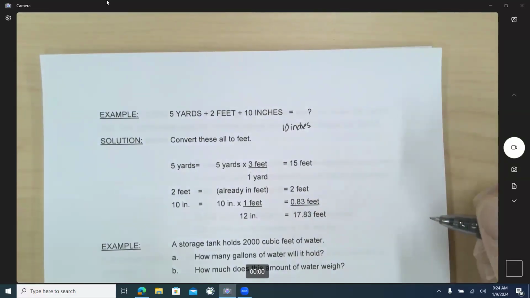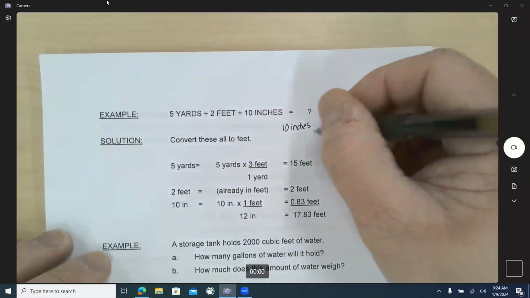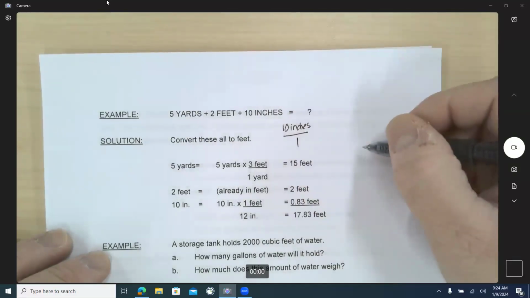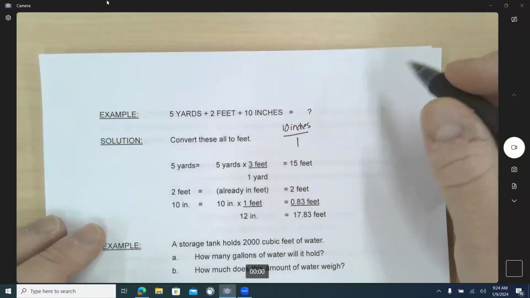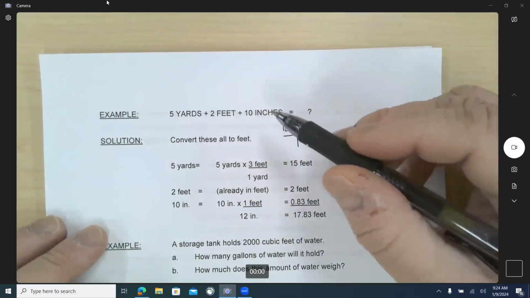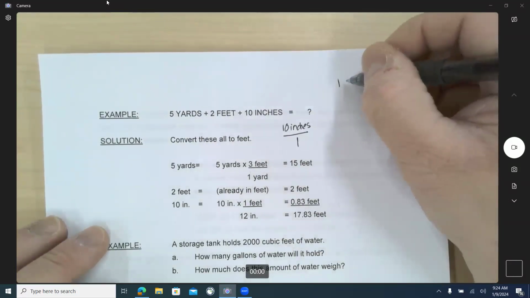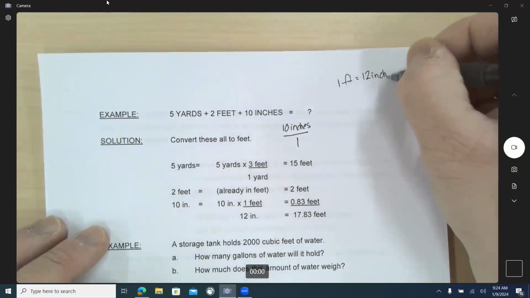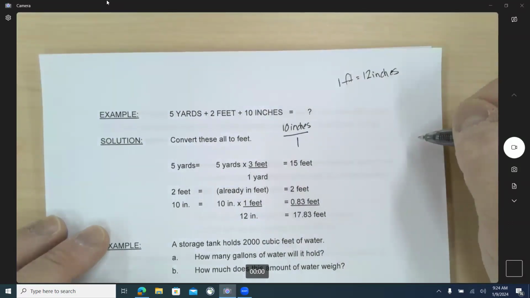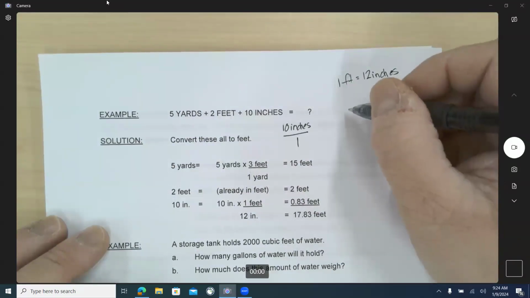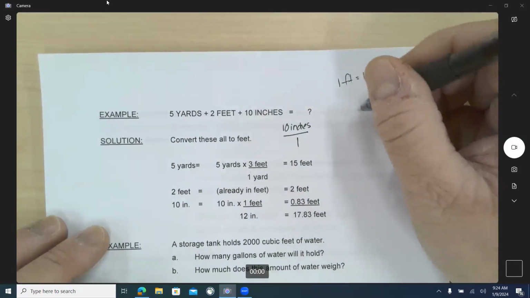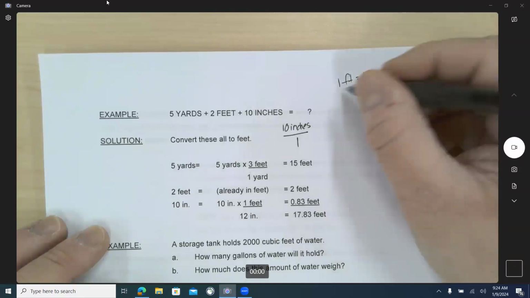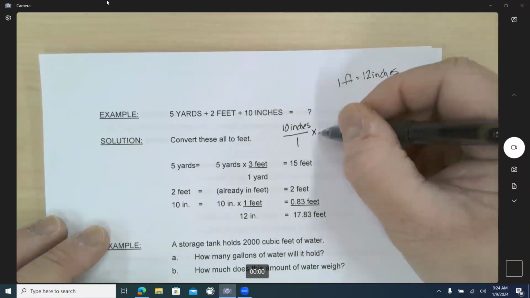Now that I wrote my 10 inches, what do I do next? You put it over 1. Now I need to think of a conversion factor that gets me inches to feet. Well, I know that 1 foot equals 12 inches, okay? So 1 foot equals 12 inches, not over.